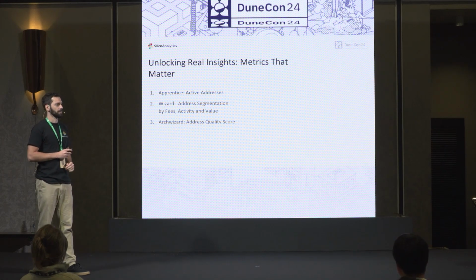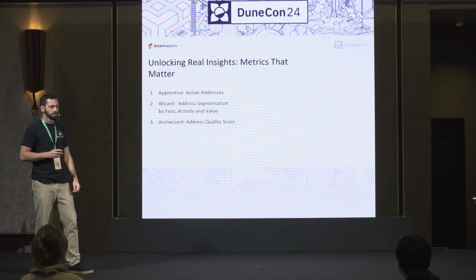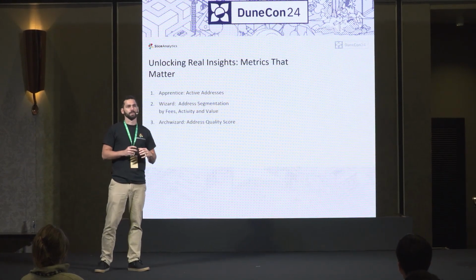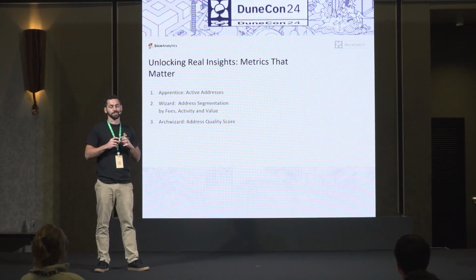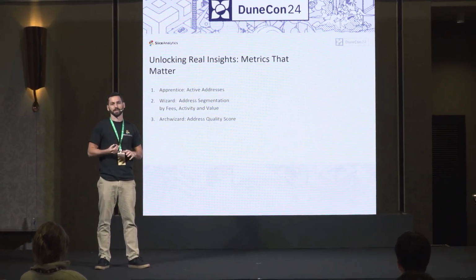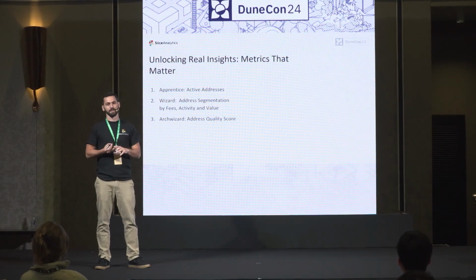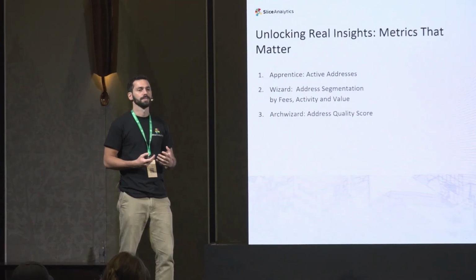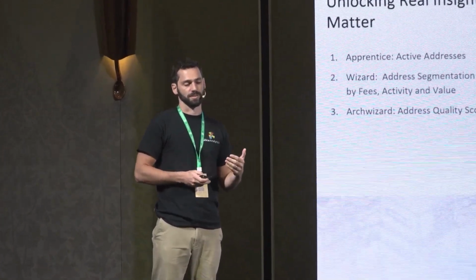Like we saw from Rob's last presentation, we have all these layer 2s. We have this whole EVM ecosystem that we can look at an address's full history, what type of protocols they've interacted with, how much fees they've paid over time. So we can use all this data and aggregate it into a model and give a single address a quality score.